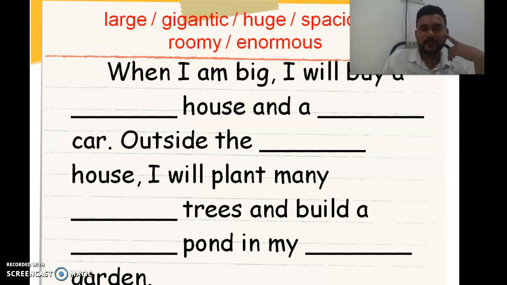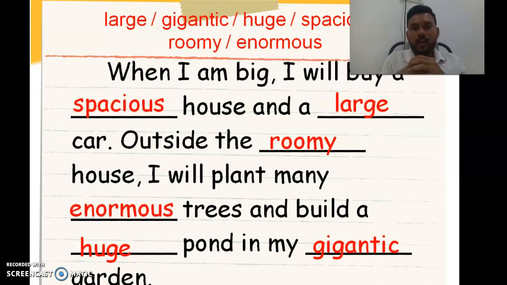Have you guessed? Now try to match with my answers. When I'm big, I'll buy a huge, spacious house and a large car. Outside the roomy house, I'll plant many enormous trees and build a huge pond in my gigantic garden.